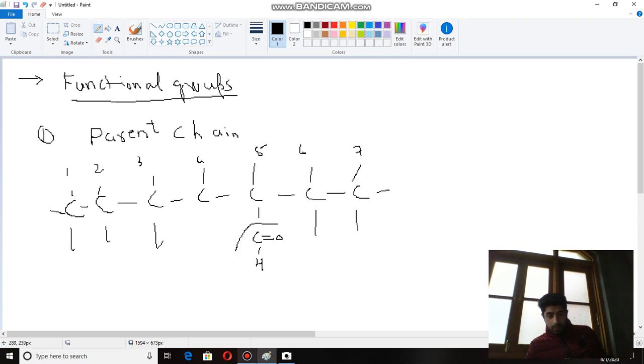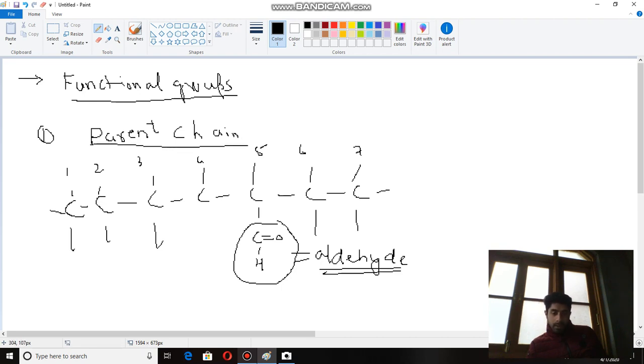But this group here is an aldehyde group. Aldehyde. This is considered in principal functional groups. So while numbering this group, this principal functional group should be in the parent chain. So this type of numbering is wrong. We have to start numbering from this carbon.